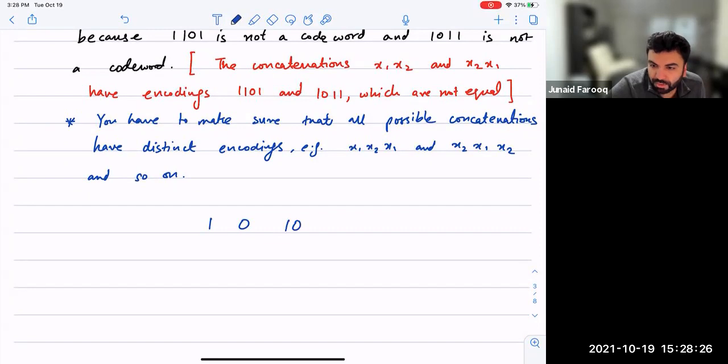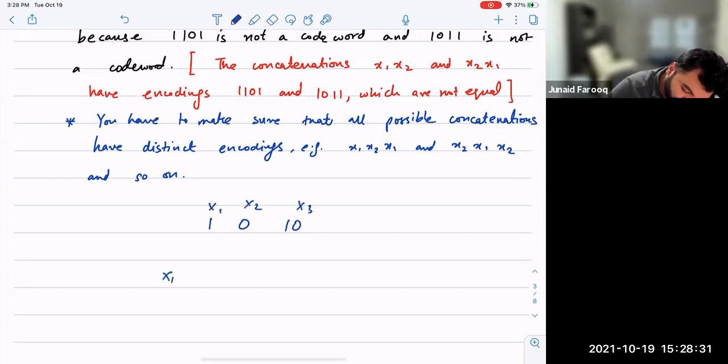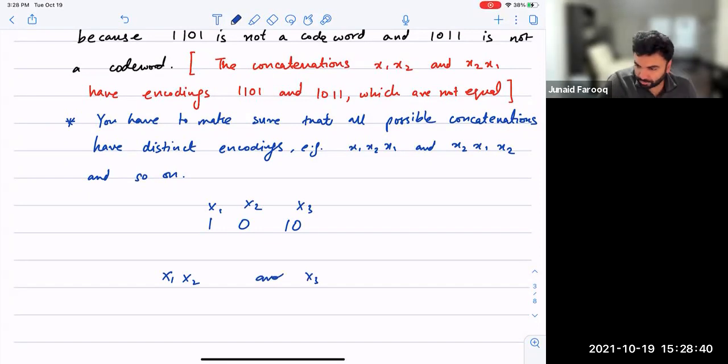Obviously this is not uniquely decodable because x1, x2, and x3 have the same encoding. So sometimes it can be a little different. So let's say X3 is 101. Again, it's not uniquely decodable because you can have X1, X2, X1 and X3 have the same encoding. So similarly, you have to see all the possibilities to come up with a conclusion.